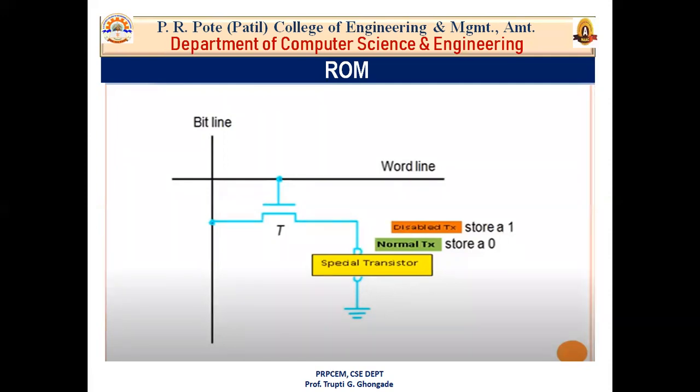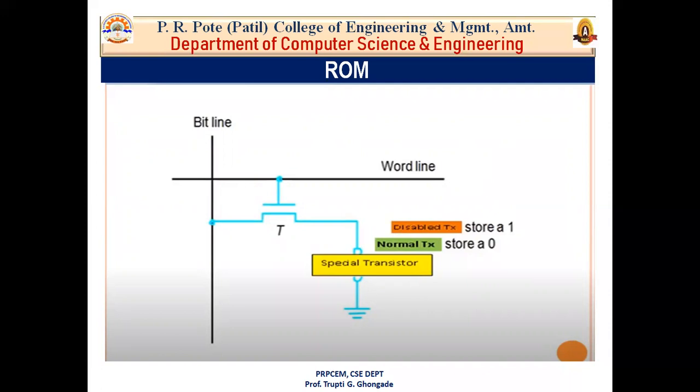When the special transistor acts as a normal transistor, it stores a value 0. It acts as a switch, so there is a connection between the transistor and the ground.